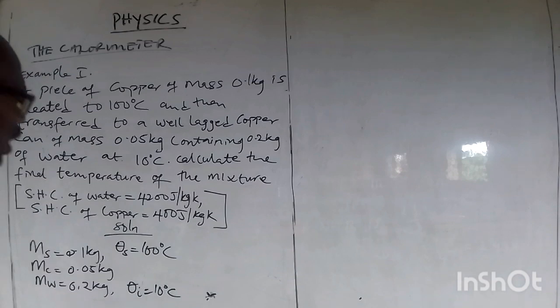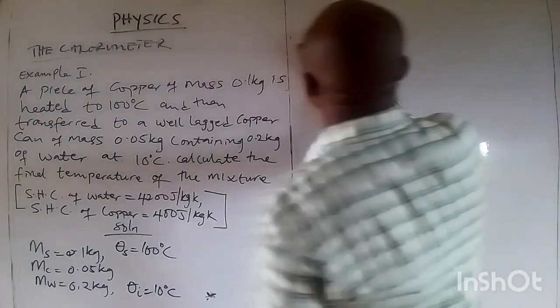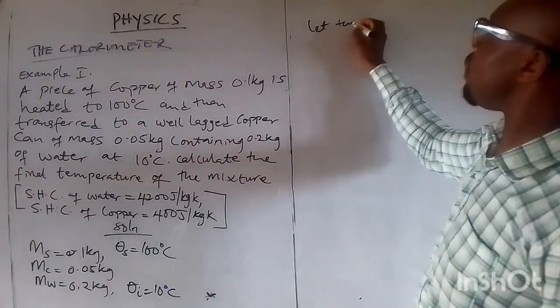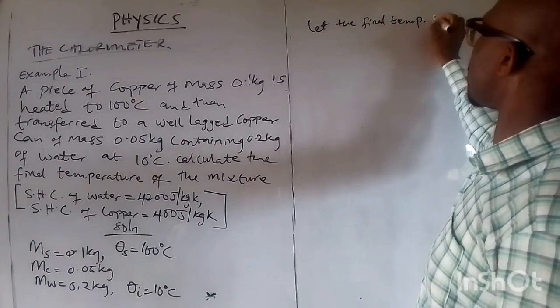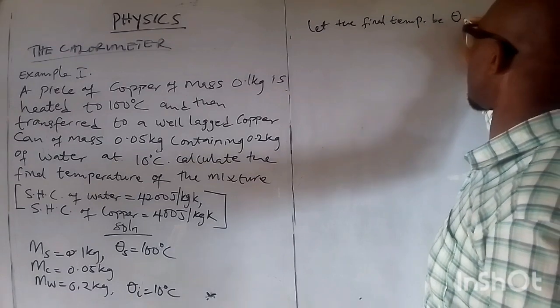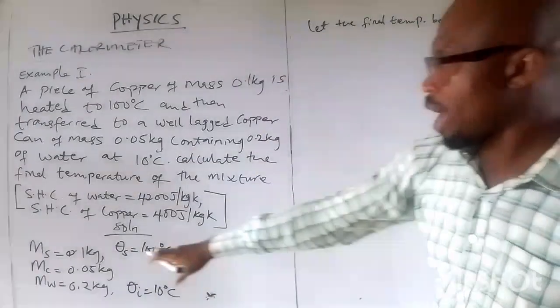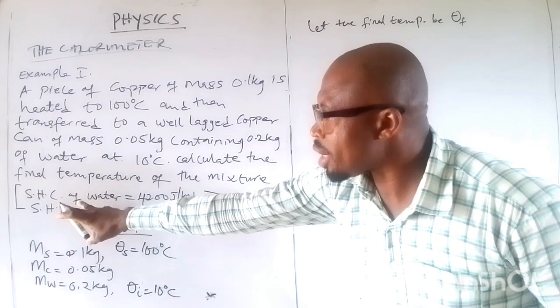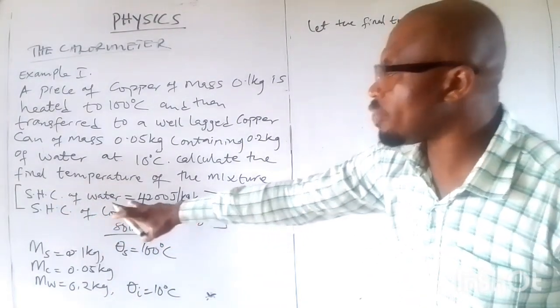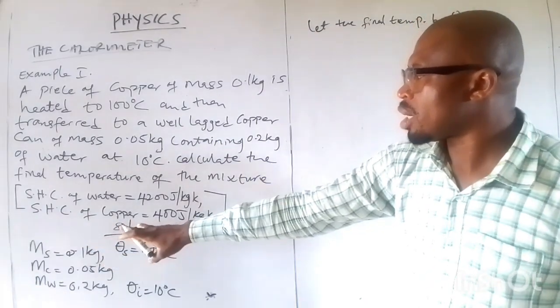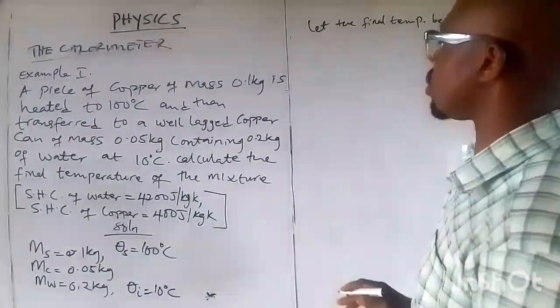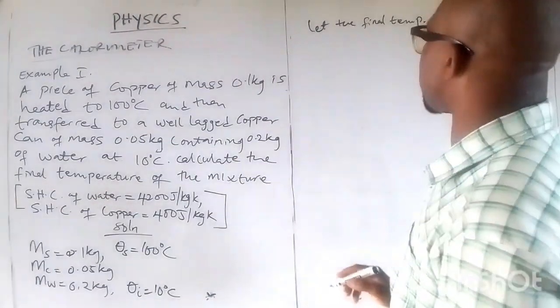And we are looking for the final temperature. So we can now say, let the final temperature be theta F. We are given that the specific heat capacity for water is 4,200 and specific heat capacity for copper is 400 joule per kg per Kelvin.